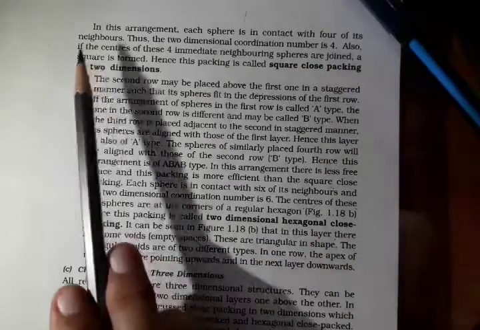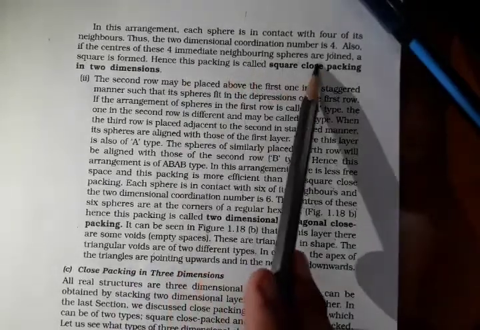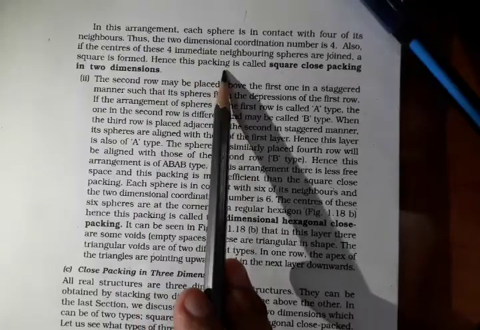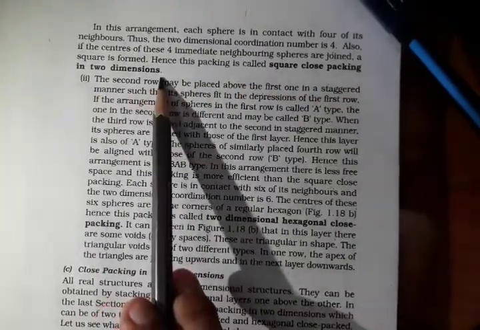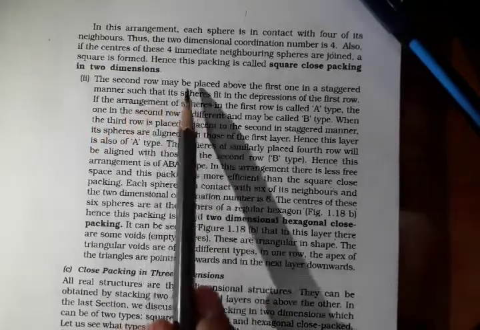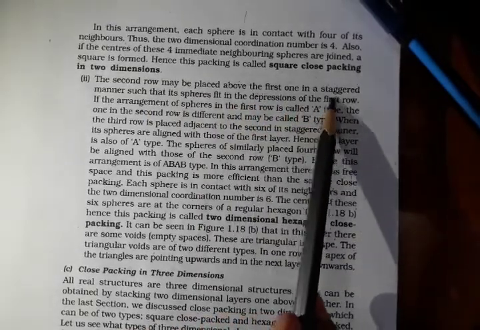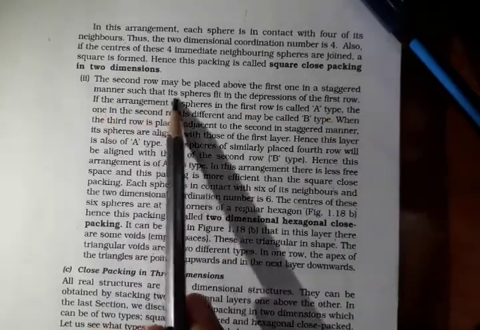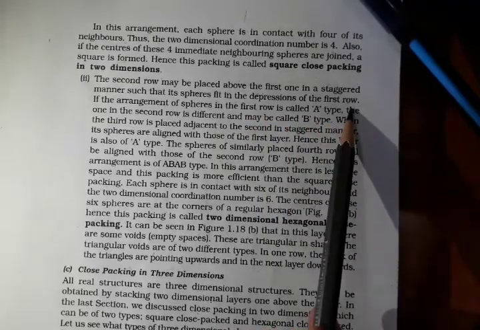Also, if the centers of these 4 immediate neighboring spheres are joined, a square is formed. Hence, this packing is called square closed packing in two dimensions. Second, the second row may be placed above the first one in a staggered manner such that its spheres fit in the depressions of the first row.